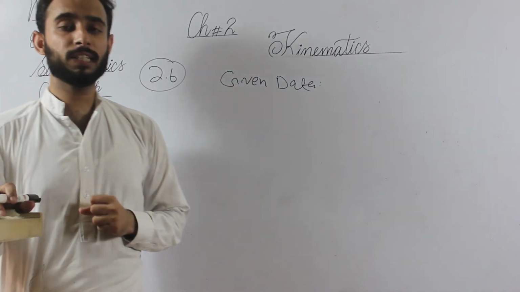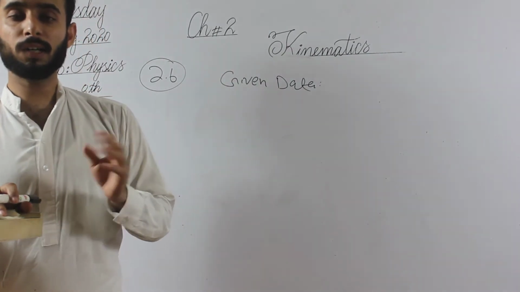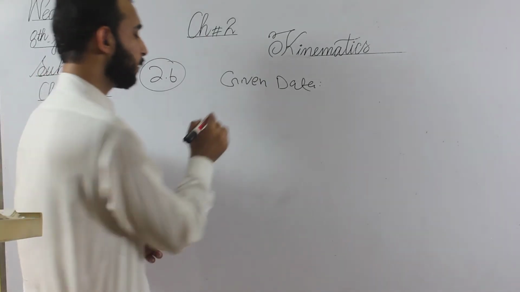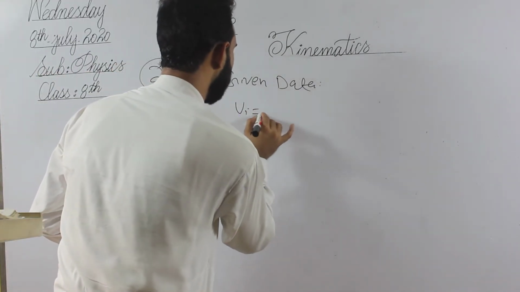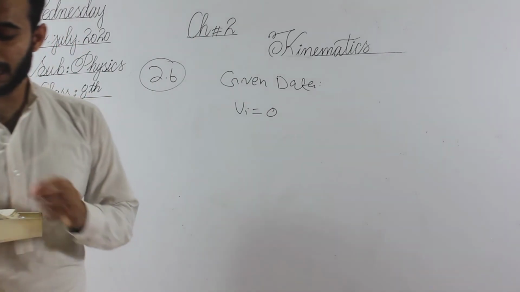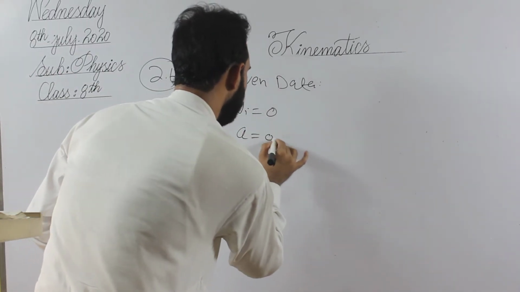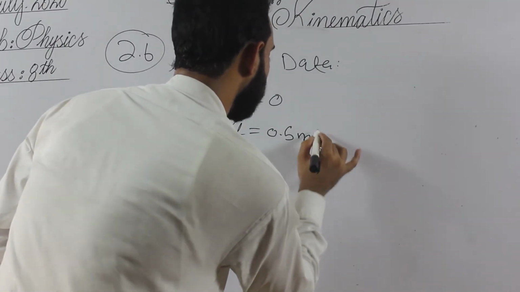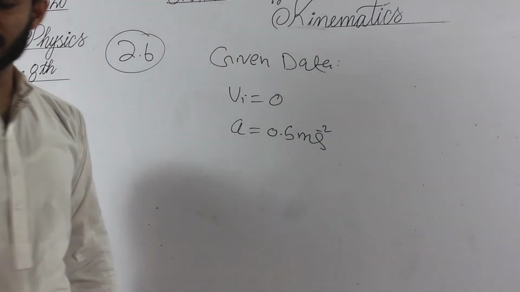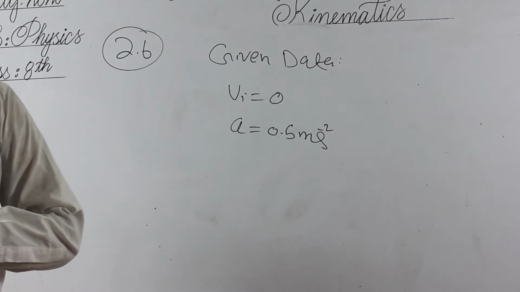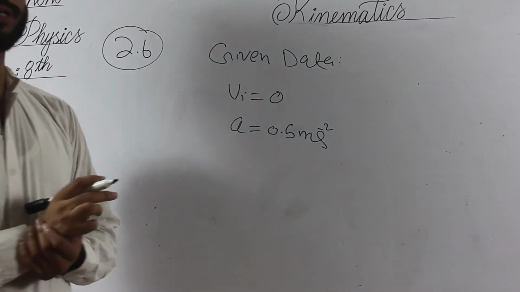First of all, he says that we have a train and it starts from rest, so the initial velocity of the train is 0. Second thing, he says that acceleration here we have 0.5 meter per second square. And the next thing, he asks for its speed in kilometer per hour.